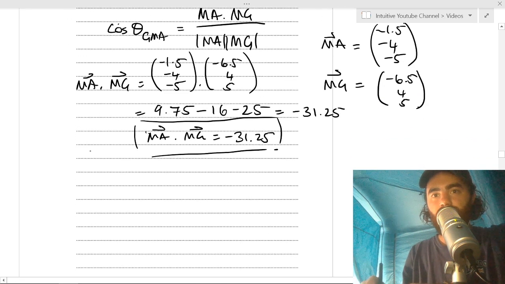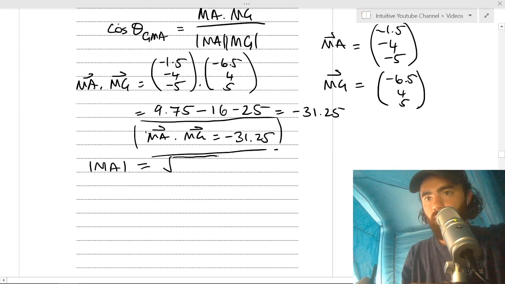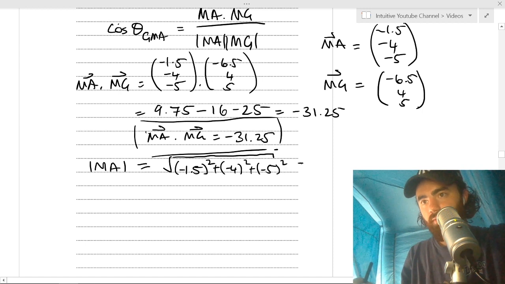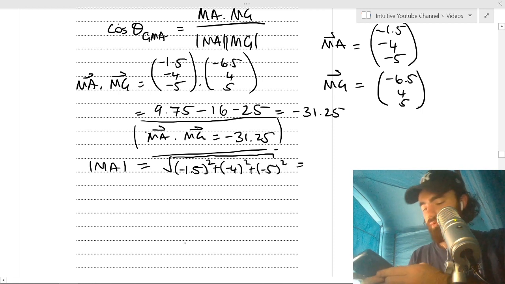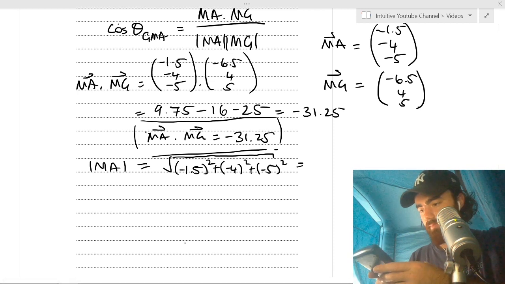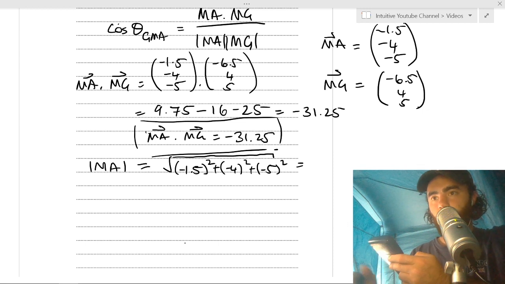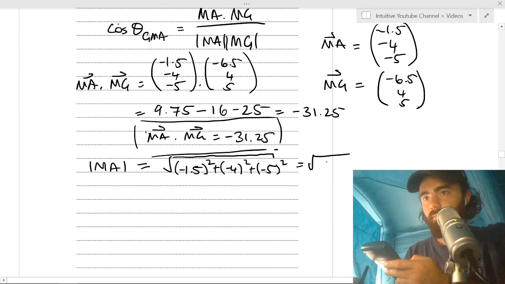And we also need the magnitude of each of these. Our MA magnitude will equal the square root of negative 1.5 squared plus negative 4 squared plus negative 5 squared, which equals the square root of 43.25.